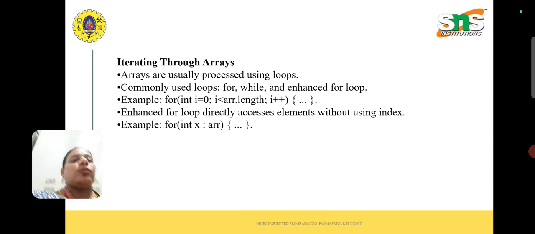So in the for loop we define int i equal to 0, i should be less than array length, and i should be incremented. The enhanced for loop directly accesses elements without using an index.